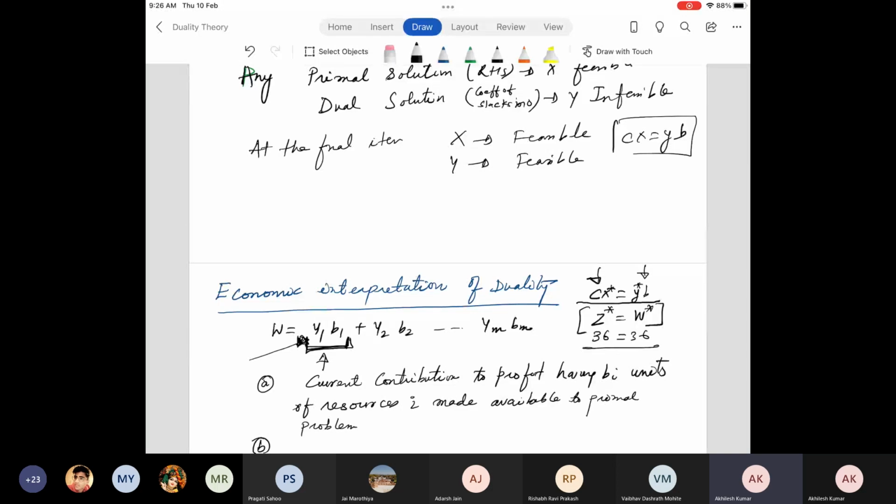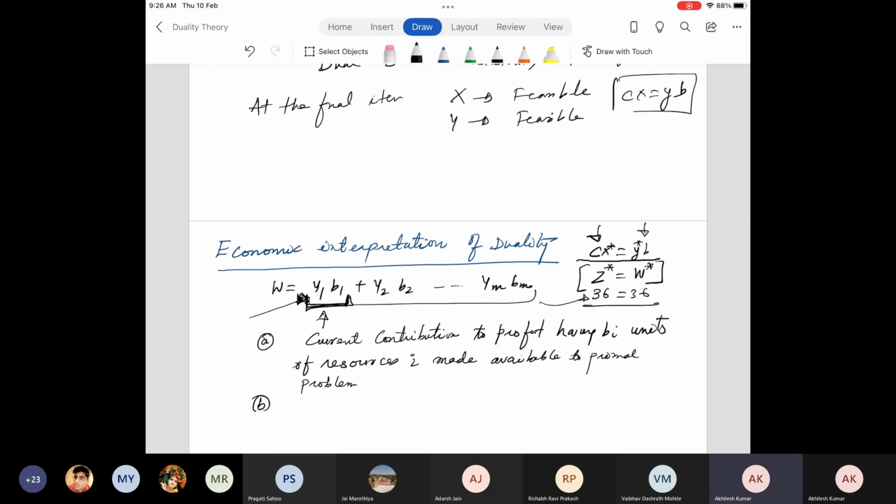If it is 3, then 3Y1 is the contribution towards the profit, because all of them will sum up and become equal to this only. Make sense? Is it making sense, guys? Yes, sir.